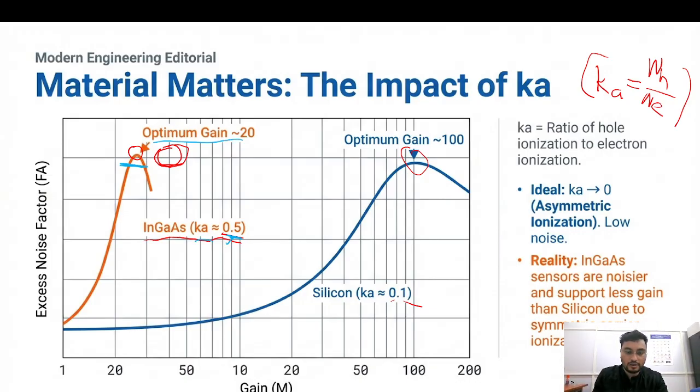But the PIN can have lesser noise and better waveform generation, while the APD will have a better response.